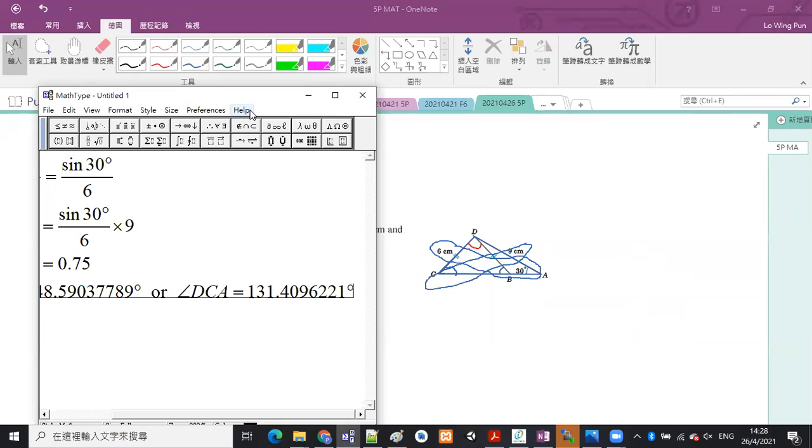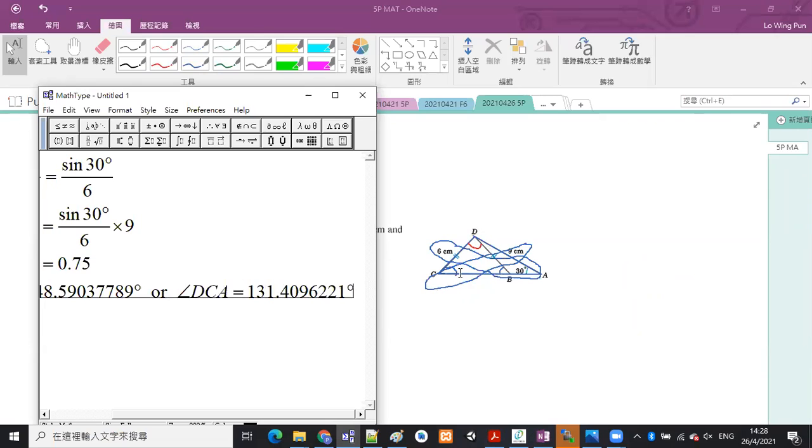But according to the diagram, this is the base angle of an isosceles triangle. Angle DCA is a base angle of the isosceles triangle, which means that in triangle DCB, if angle DCB is equal to 131.4 degrees, then angle DBC should also be equal to 131 point something degrees.